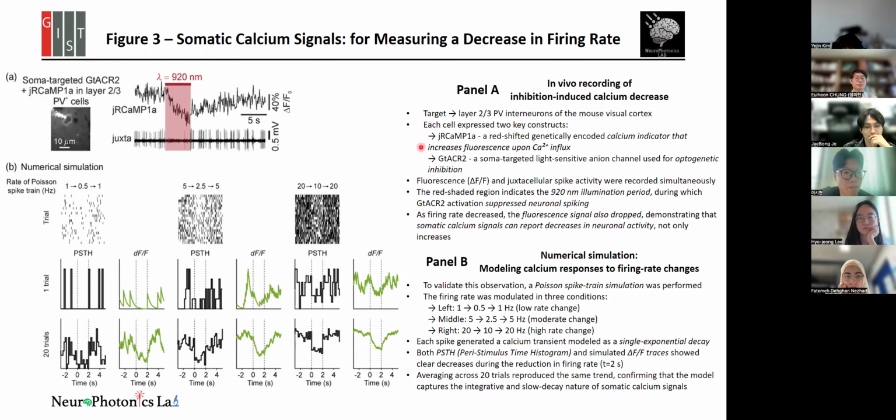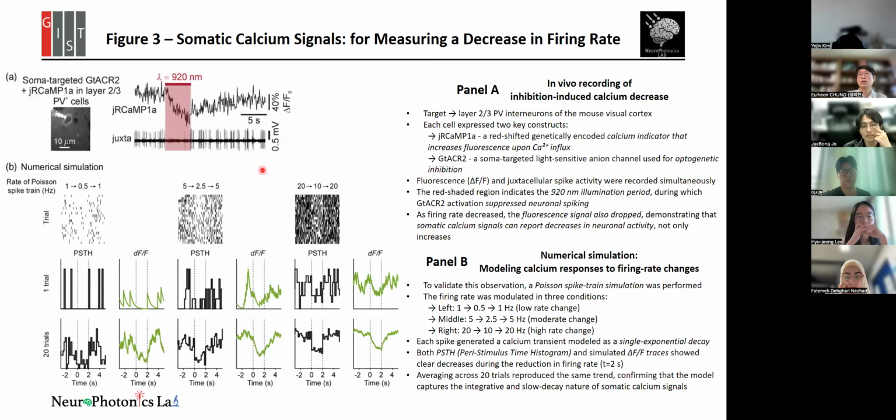Here, the target cells are layer 2/3 PV interneurons of the mouse visual cortex. Each cell expresses two key constructs: jRGECO1a, used for the calcium imaging, and GtACR2, used for the optogenetic inhibition.